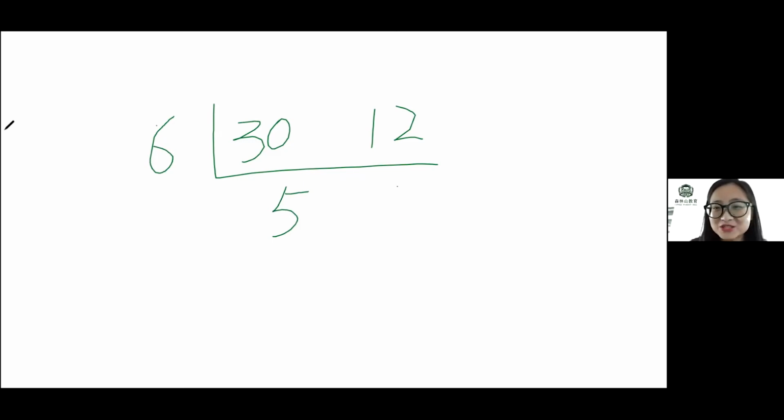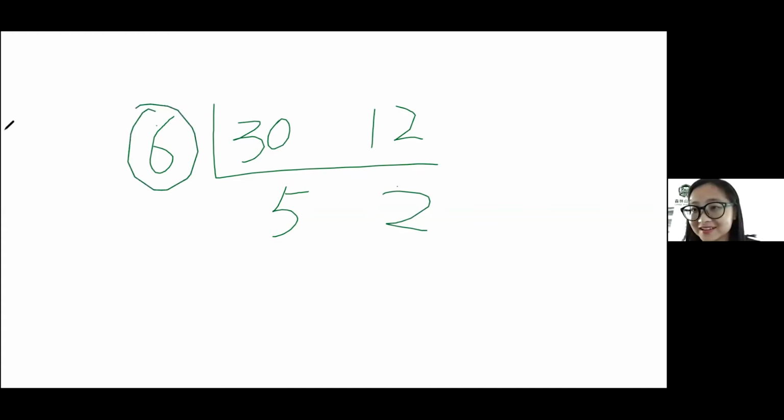So can we continue with 5 and 2? No. So what is the biggest common factor? That's 6, right? And then what is the least common multiple?